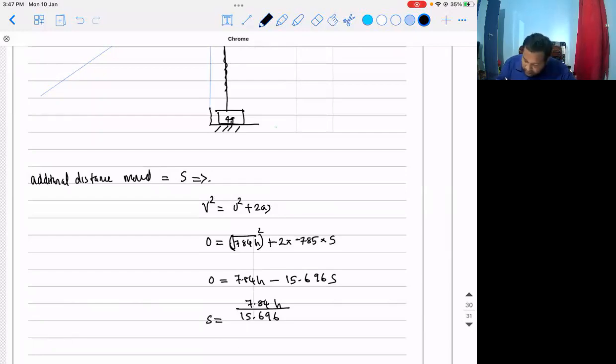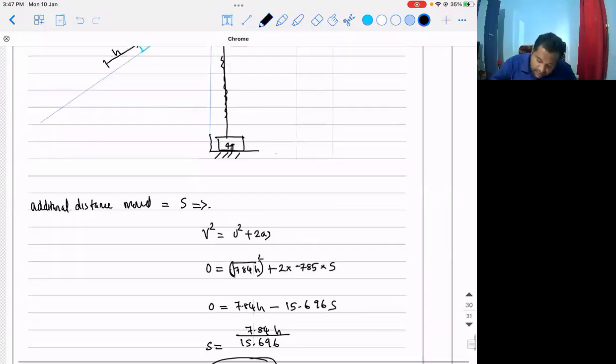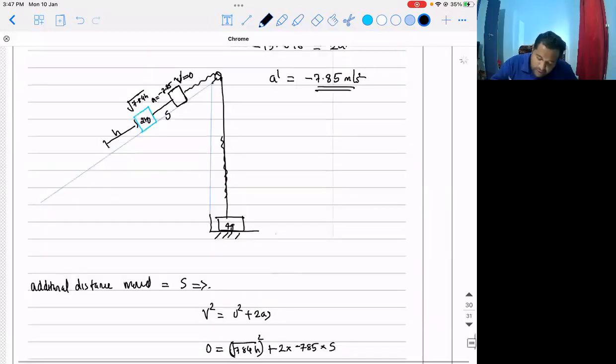So S is equal to, if you're rounding, 0.5 h. So that means additionally, it is moving 0.5 h.